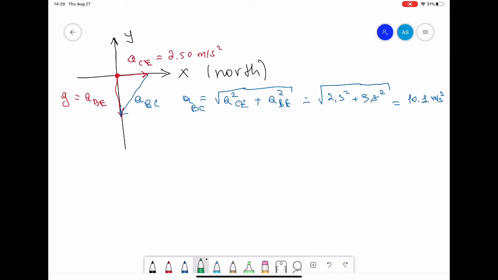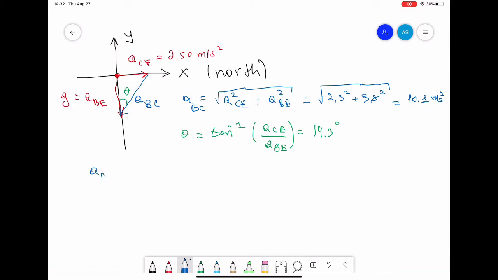If you want to find this angle, theta is equal to inverse tangent of a_CE, the acceleration of the car relative to the Earth, divided by the acceleration of the bolt relative to the Earth. You plug in the numbers and you should find that it's equal to 14.3 degrees.